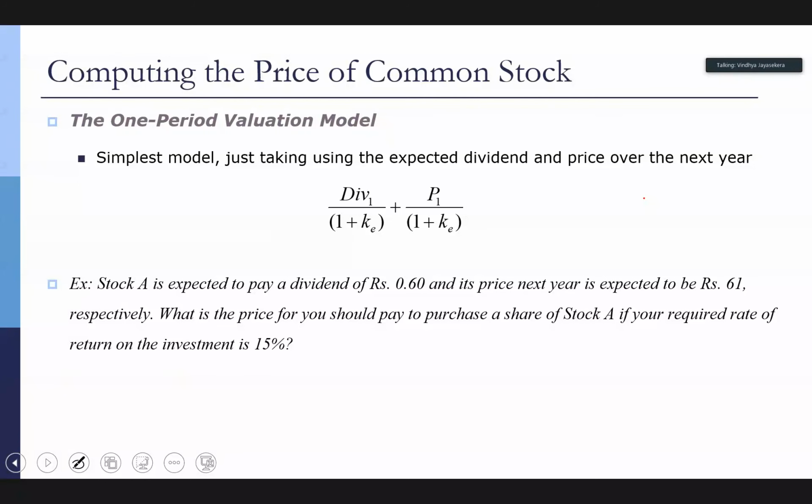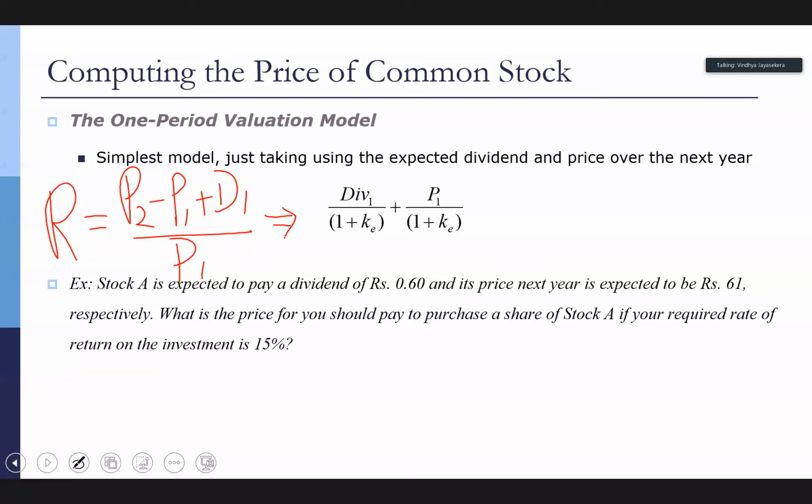This is where we started, where we essentially said, when we look at the return of a company, the return of a company is its capital gains and dividends as a percentage of your initial investment. And this can be rewritten to say that the value of the company, sorry, let me be consistent here.